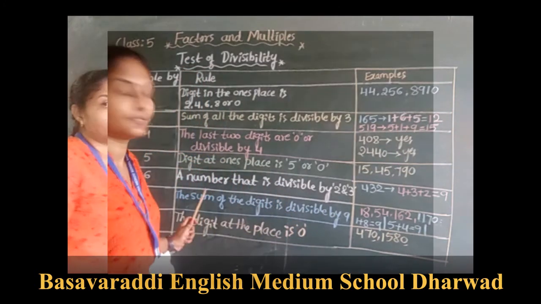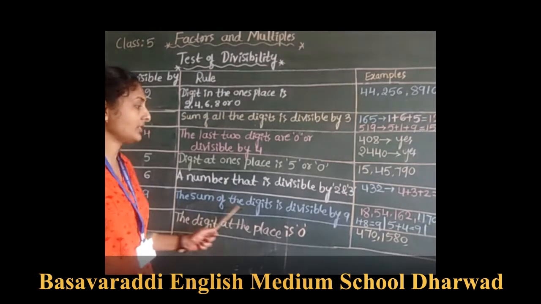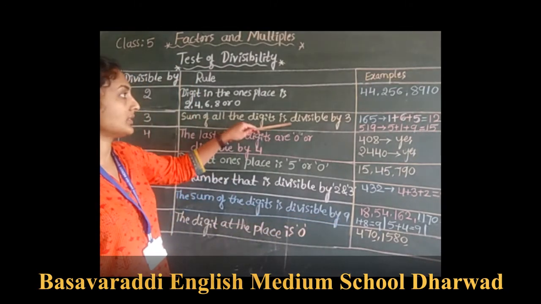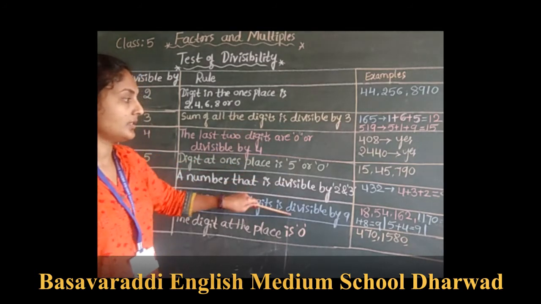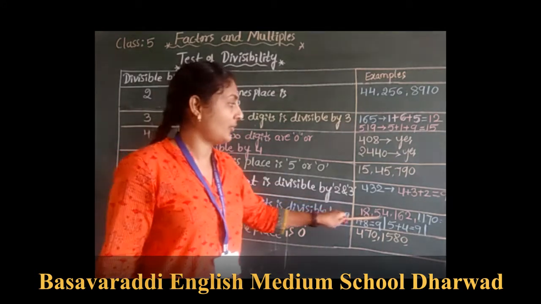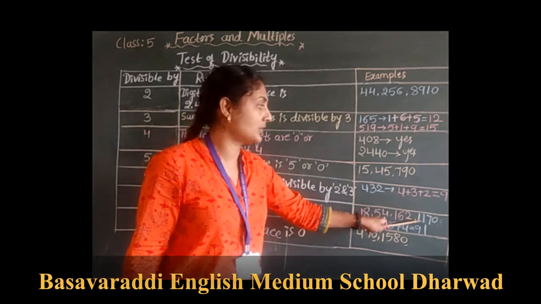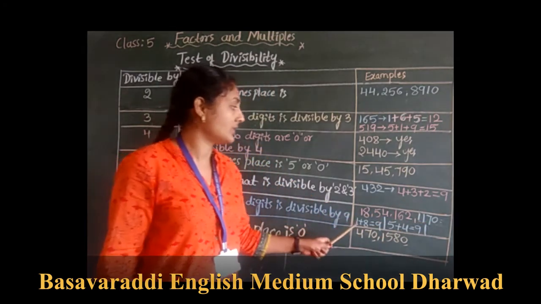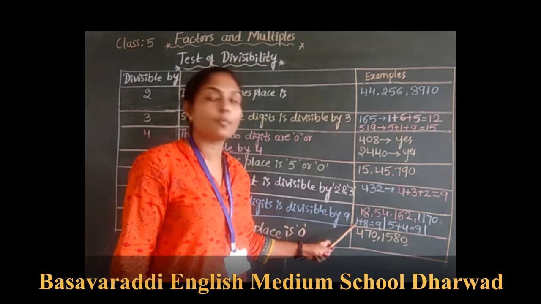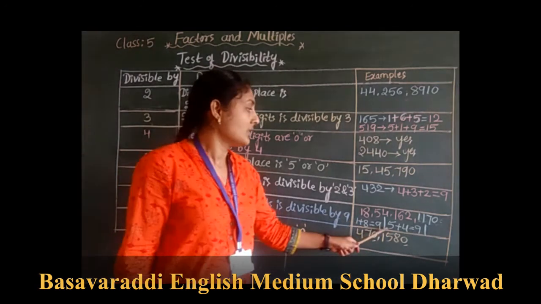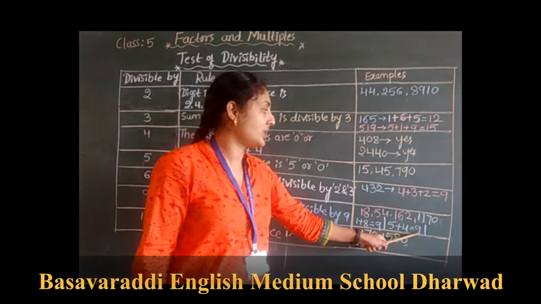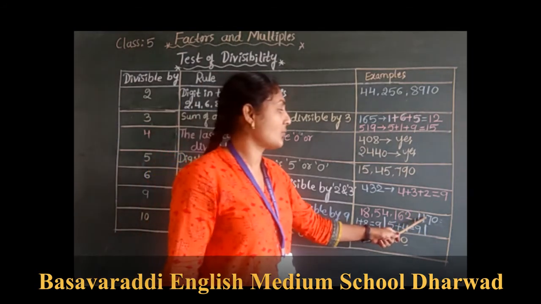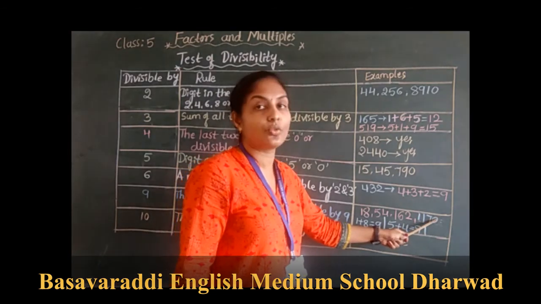The ninth rule: the sum of the digits is divisible by 9. The ninth rule and the third rule work the same way here. 18, 54, 162, 1170. Yes, apply the ninth rule there. The sum of the digits: 1 plus 8 is equal to 9. 5 plus 4 is equal to 9. 1 plus 6 plus 2 is equal to 9. 1 plus 7 plus 0 is equal to 9.